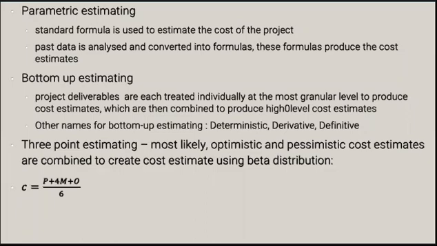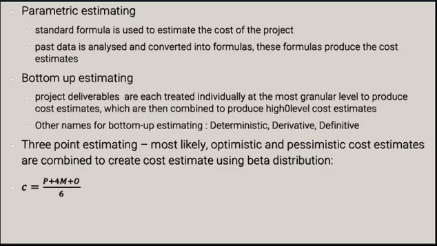So parametric estimating will use a formula with certain values that we already know about the costs, and we're going to use that to estimate the cost of the project. So triangular uses three, uses highest, most optimistic, and pessimistic, and divides it by three.